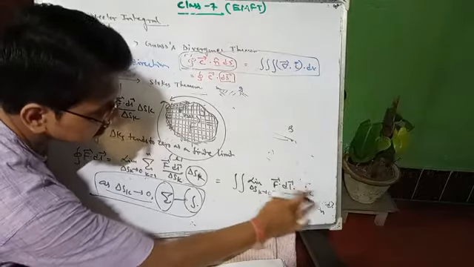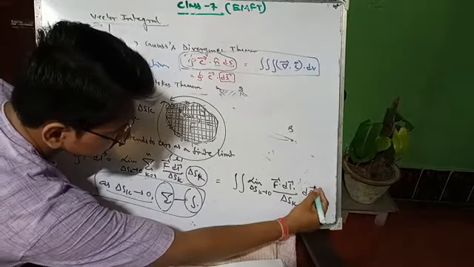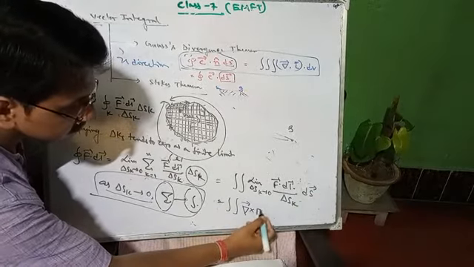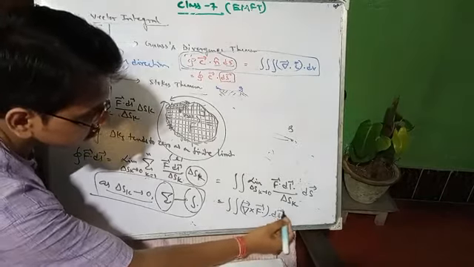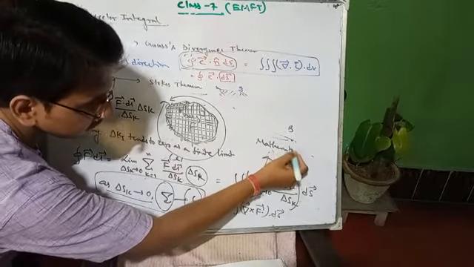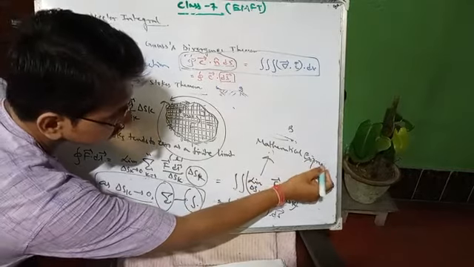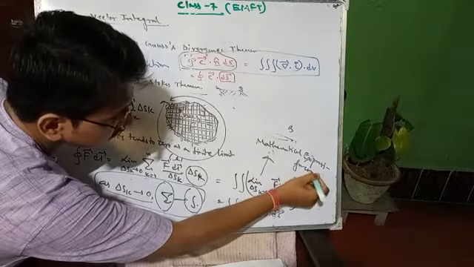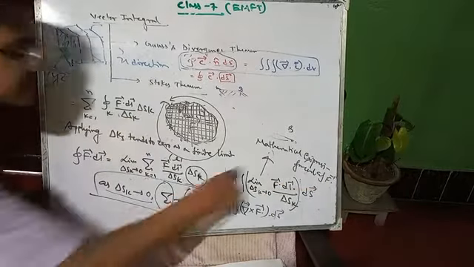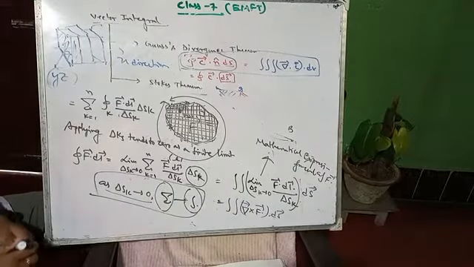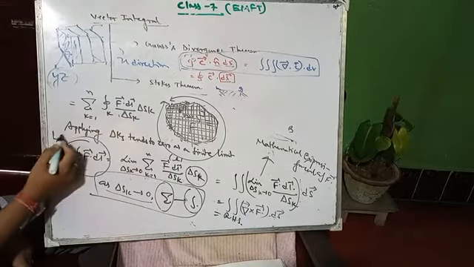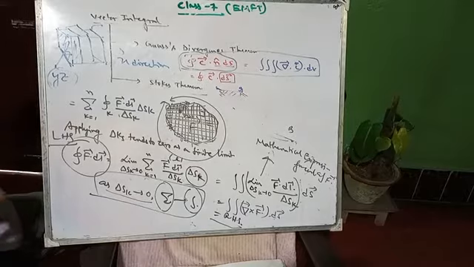Now this del sk becomes ds, and this expression is nothing but the formula for curl, the mathematical expression for curl of f. So this is the left hand side, and this is the right hand side. So easily you can prove it.